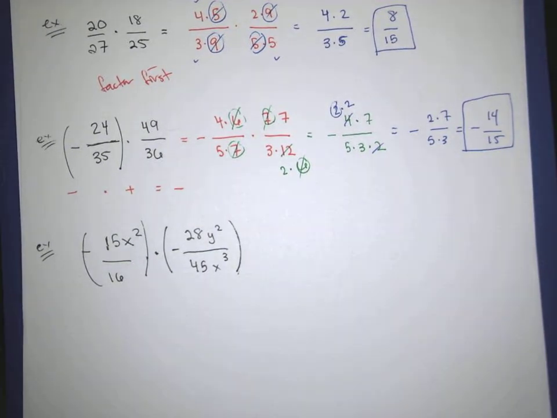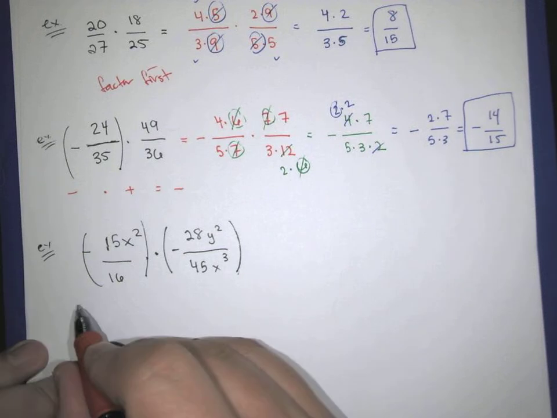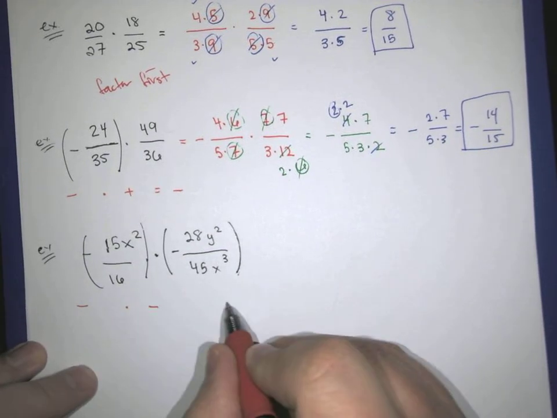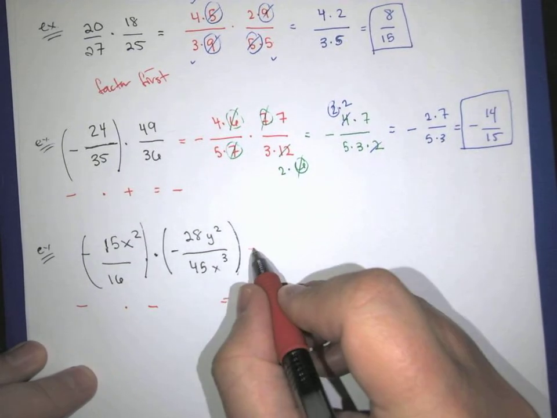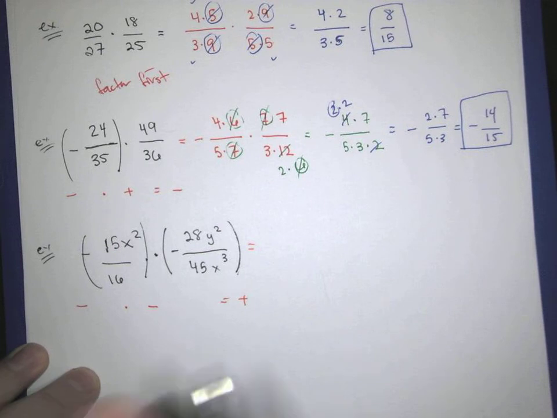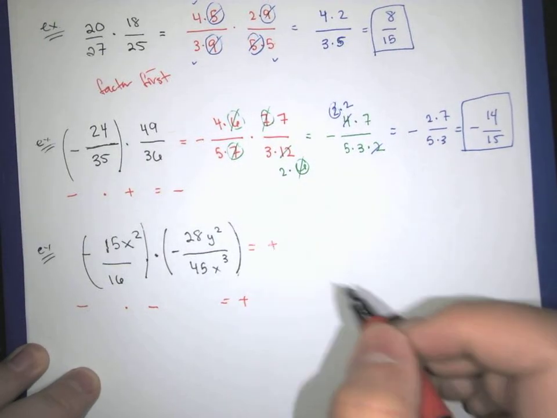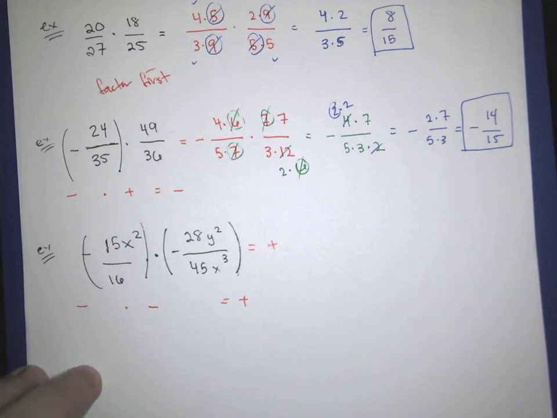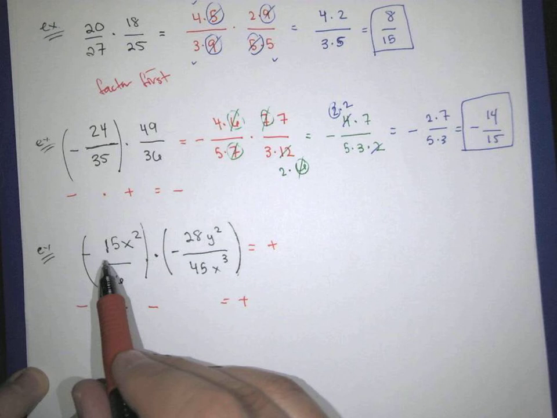We'll also notice in this case that a negative times a negative should be a positive. So we can do that as step number one. Negative times negative is a positive, and then we don't need to worry too much about the positive or negative signs as we go. Let's break everything down here.